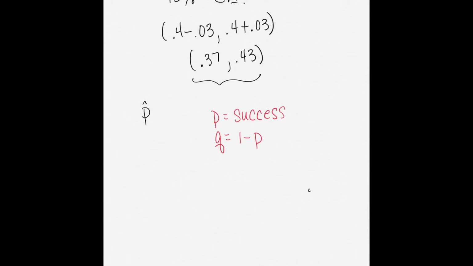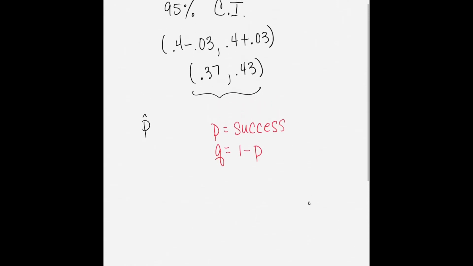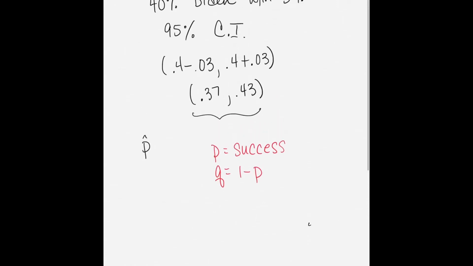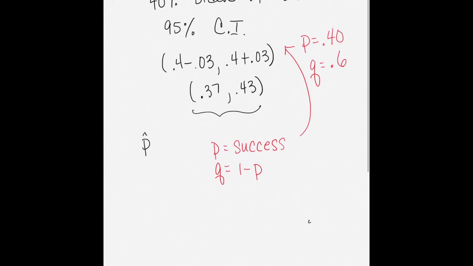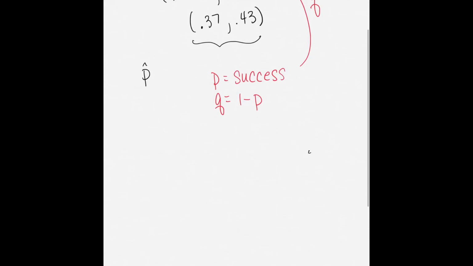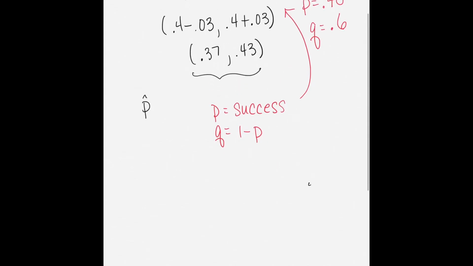I guess we could call it failure, but again, failure is relatively defined by what we're looking for. In this case, the success is those who voted for Biden. We're not making any judgment calls here. We're just looking for the percentage of people that are saying they're going to vote for Biden. And q would be everyone else, the 0.6, 1 minus 0.4, the other side of the story.